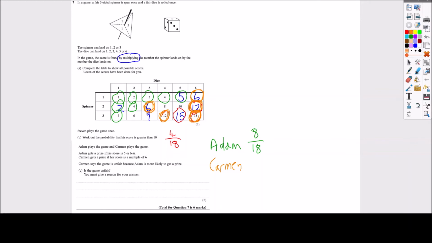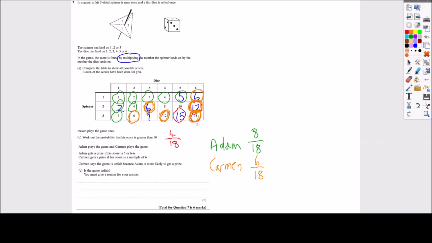Just check I've picked up all of those. 6. Oh no, there's a 6 I've missed. 6, 12s, or 18. And so we've got 1, 2, 3, 4, 5, 6 of those. 6 out of 18. Right, Carmen's where it's a multiple of 6.